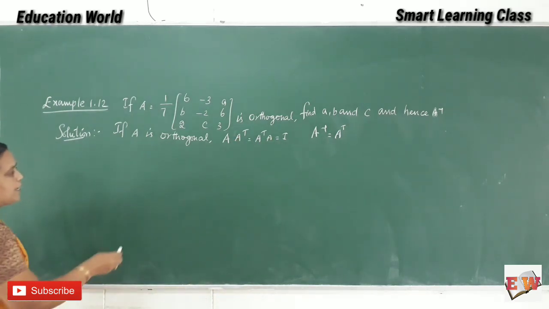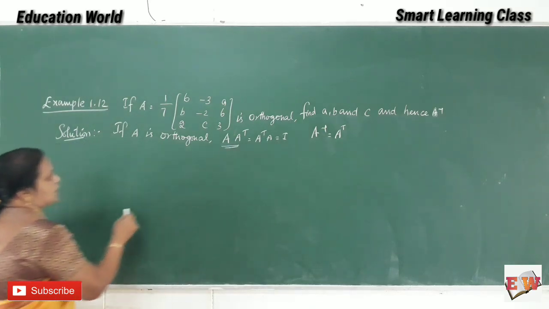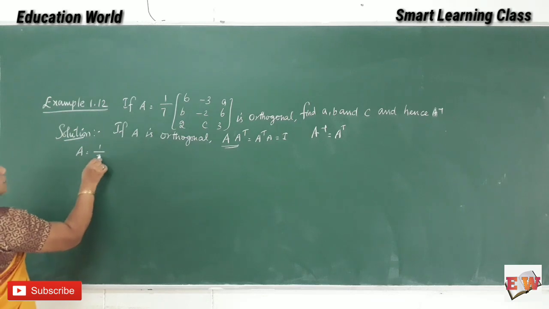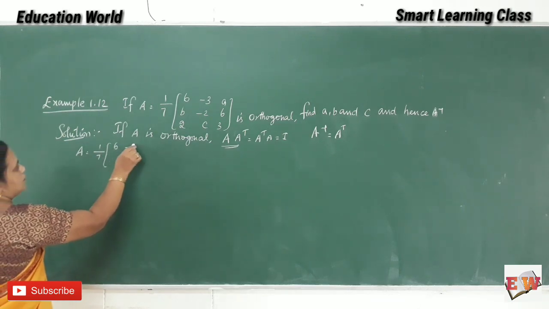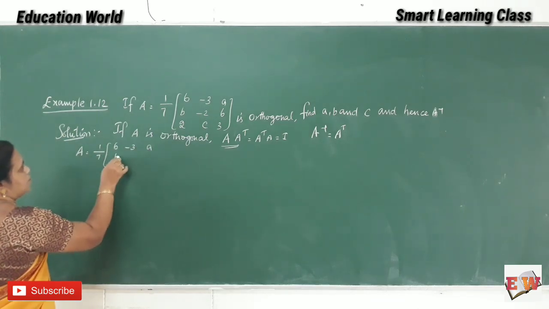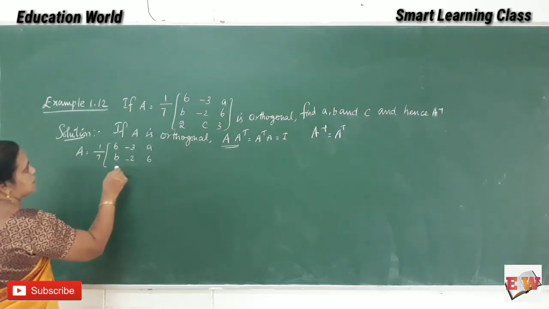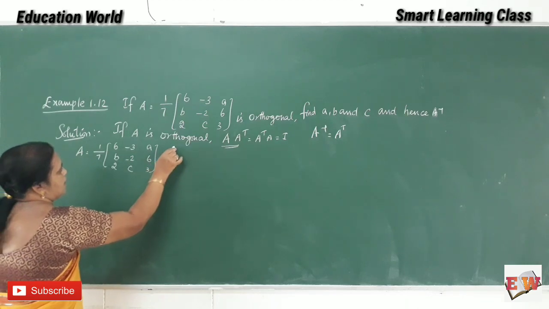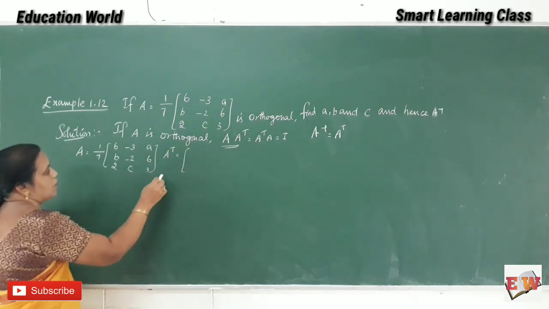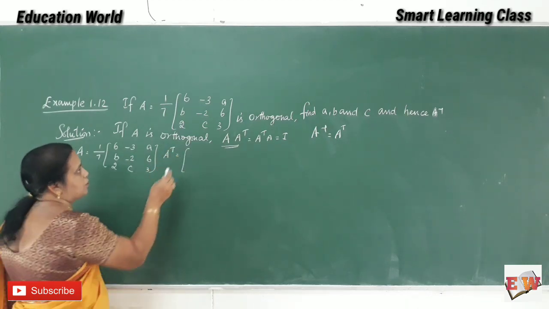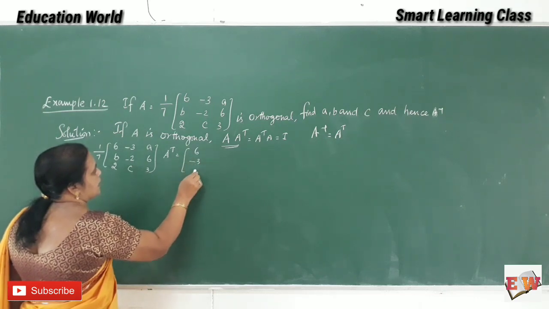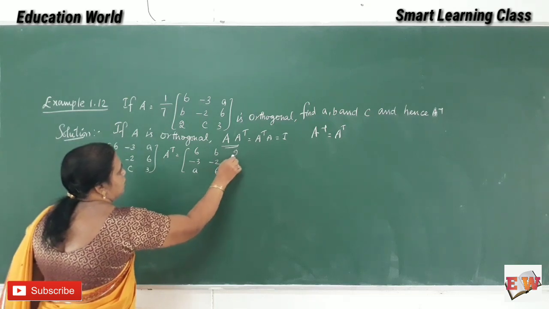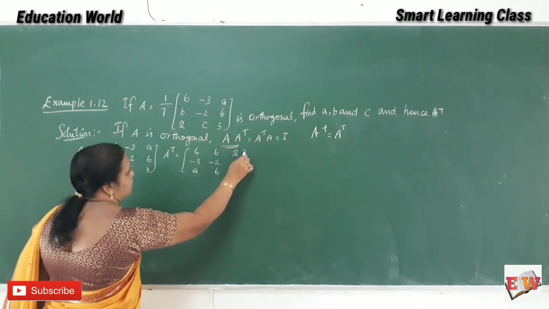Now I am going to find the product of A into A transpose. First write A: 1 by 7 times the matrix 6, minus 3, A; B, minus 2, 6; 2, C, 3. A transpose, we have to change rows into columns and columns into rows: 1 by 7 times 6, B, 2; minus 3, minus 2, C; A, 6, 3.